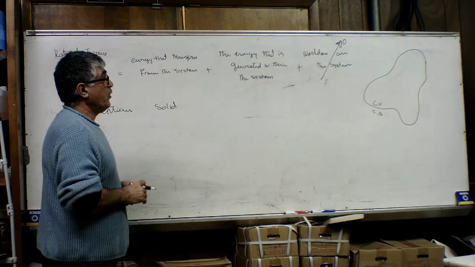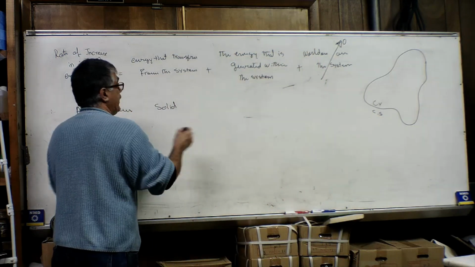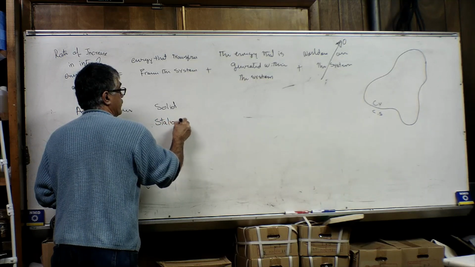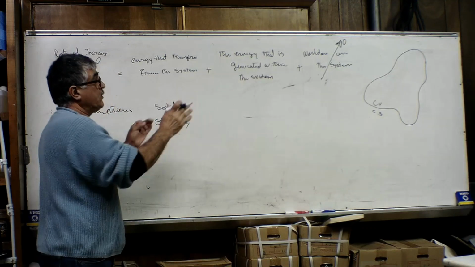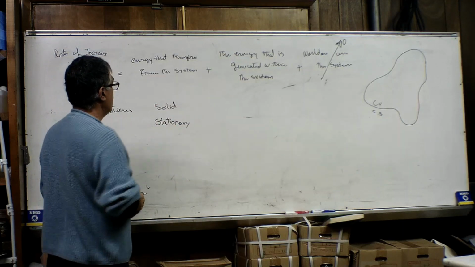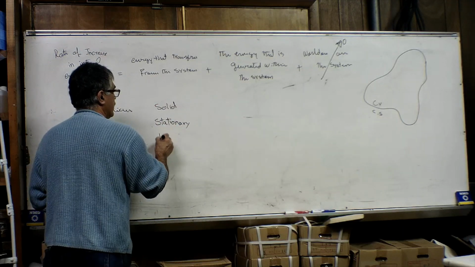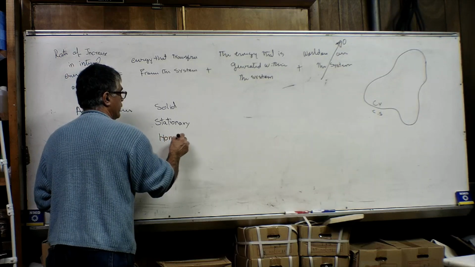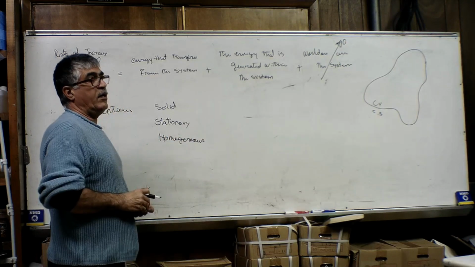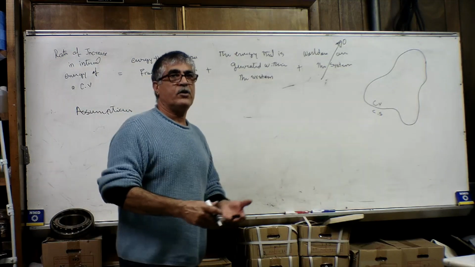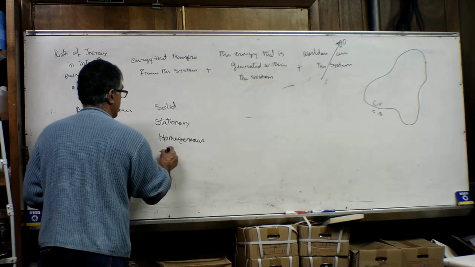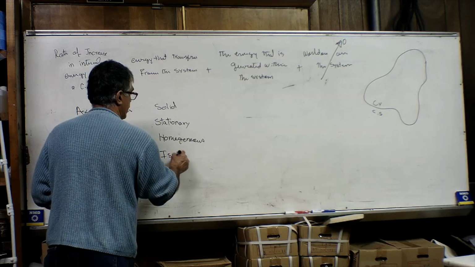Our second assumption, our system is stationary. It's a solid, stationary, it's not moving, so there is no velocity. And then our system is homogeneous, and we are going to restrict ourselves to isotropic materials.